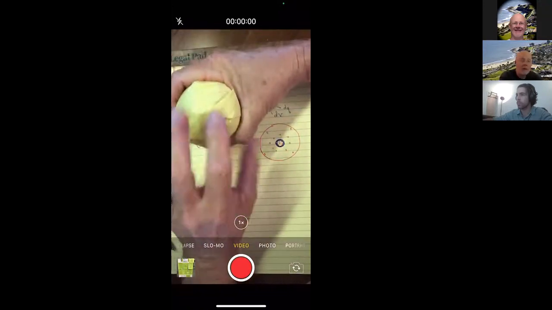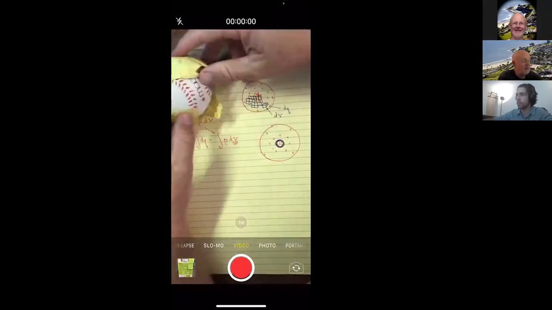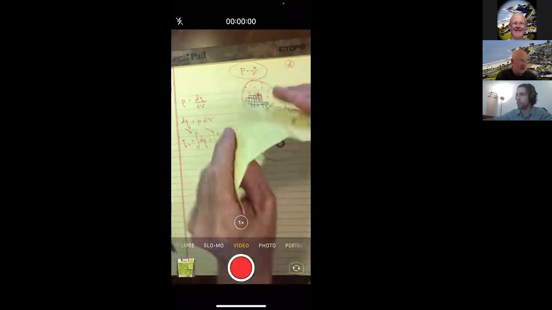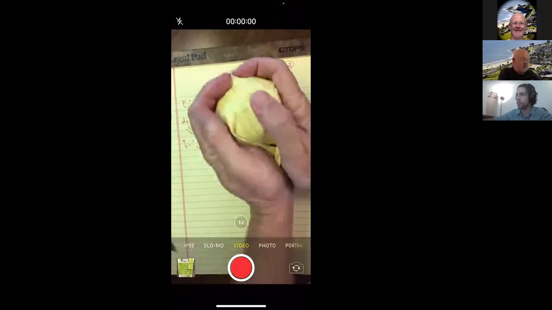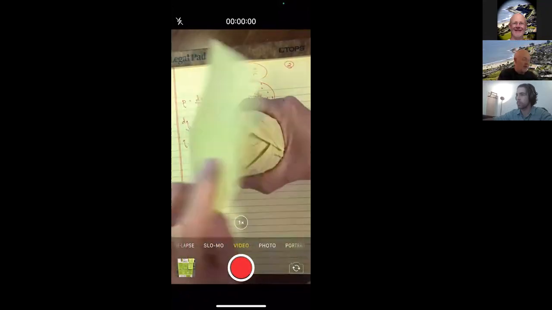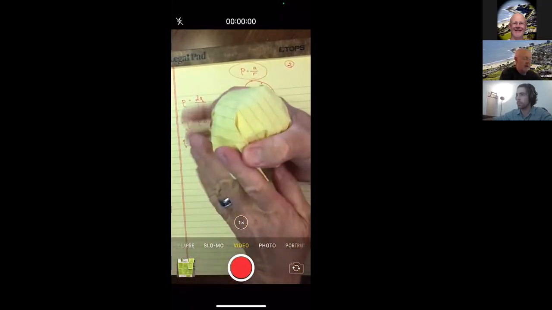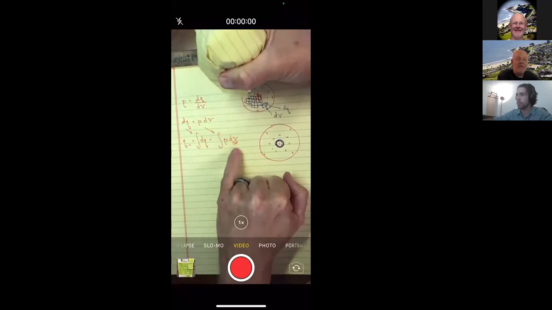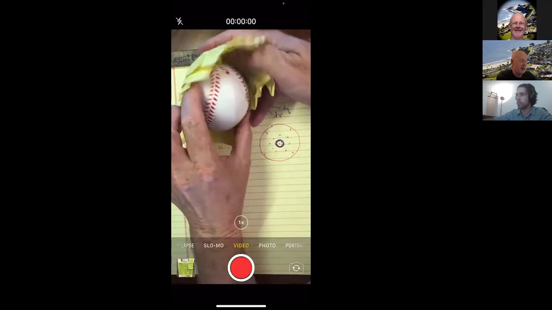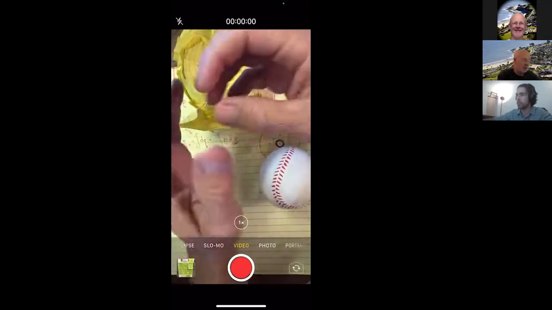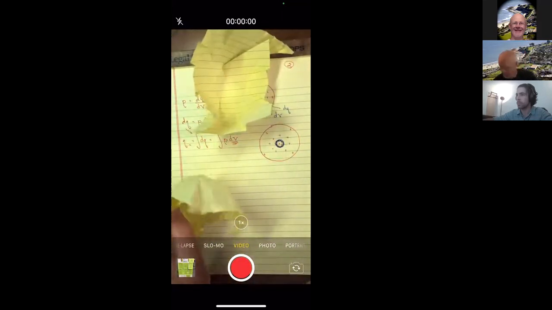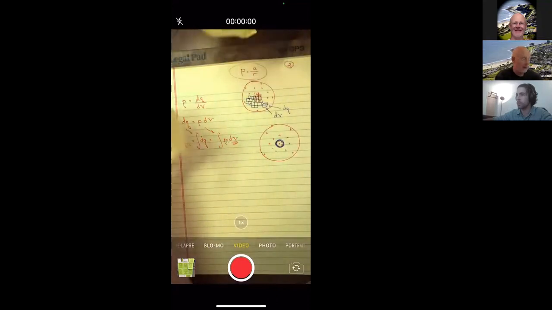The volume of this piece of paper right here is that shell. And so if I take a piece of paper, and that'll be a shell, and another piece of paper, that'll be the next shell, and I add all these shells together, all these volumes together, I'm eventually going to get the volume of a whole sphere. I'd have to start with one really small and get bigger and bigger. So here's my two shells, if you will.